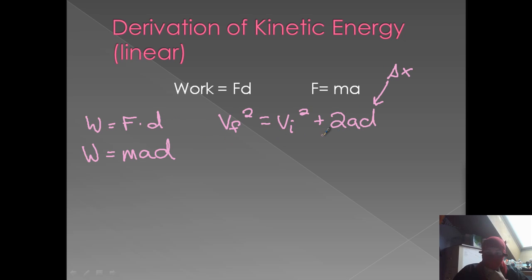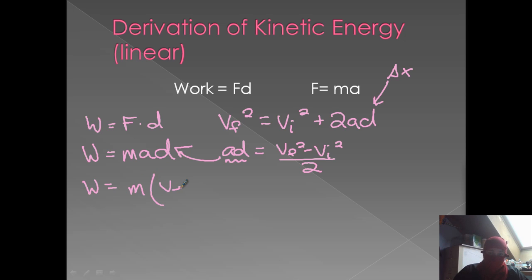So we're going to solve this equation right here for AD. So when we solve this for AD, we get Vf squared minus Vi squared all over 2. So now we know what AD is. We can substitute it into here. So now work equals mass times Vf squared minus Vi squared all over 2.